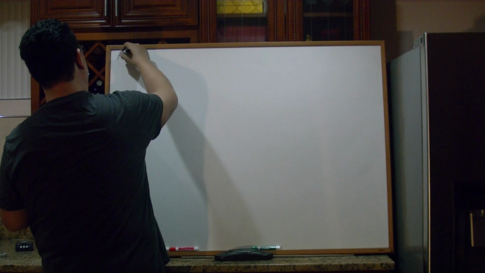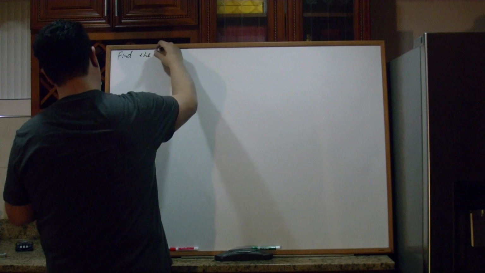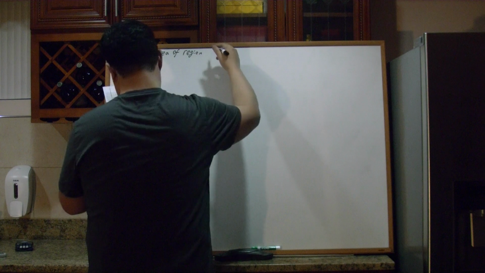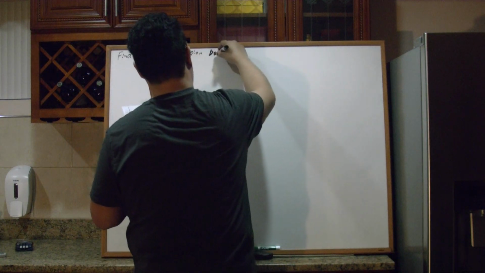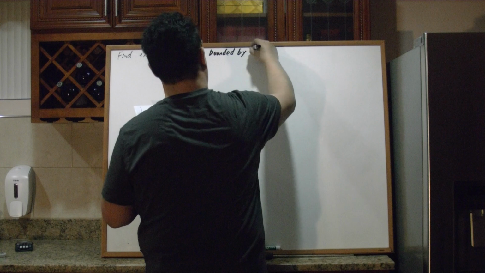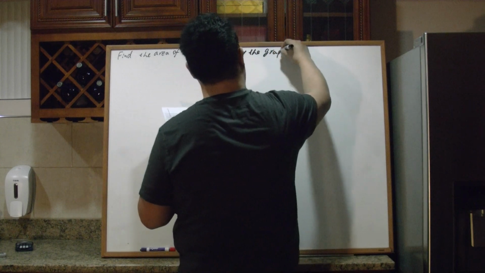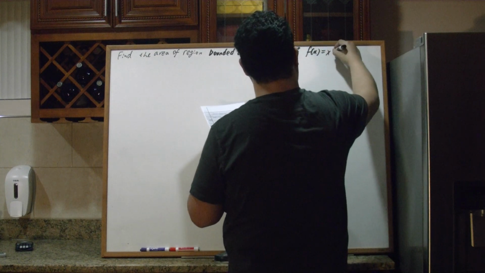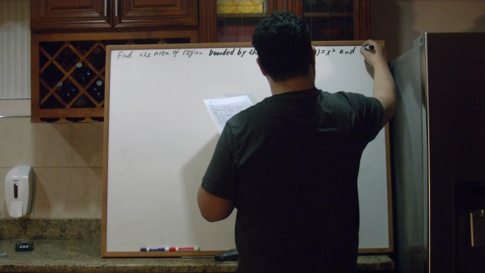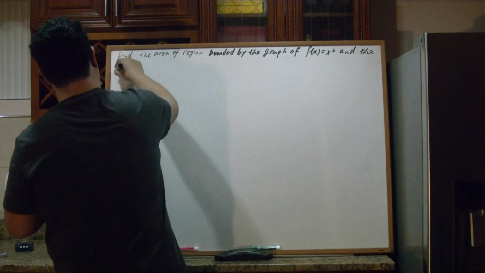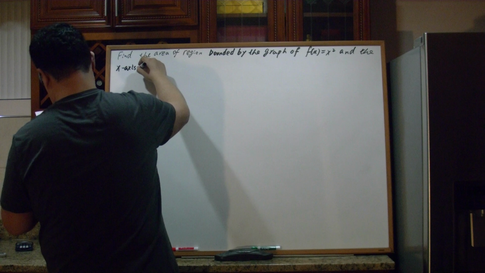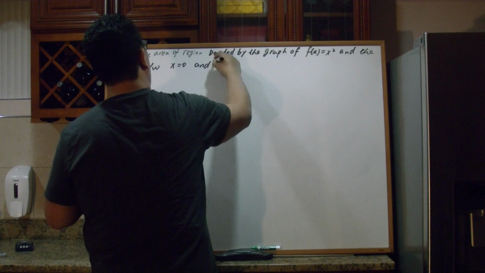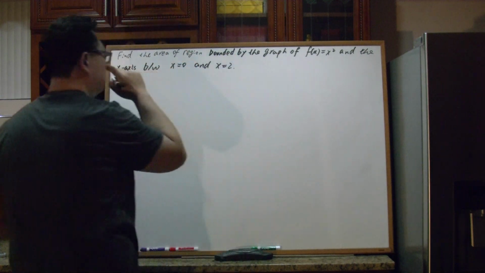So find the area of the region bounded by the graph of f of x equals x squared and the x-axis between x equals 0 and x equals 2.